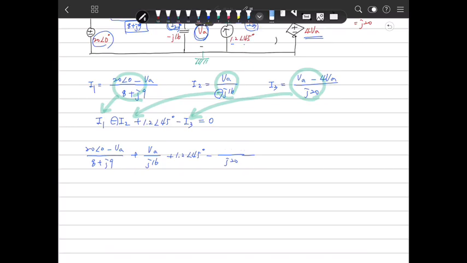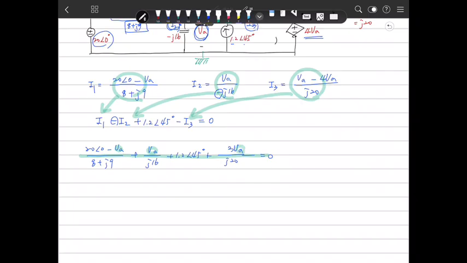There is a 3 VA, so plus 3 VA is 0. We have one equation and only one unknown variable, VA.